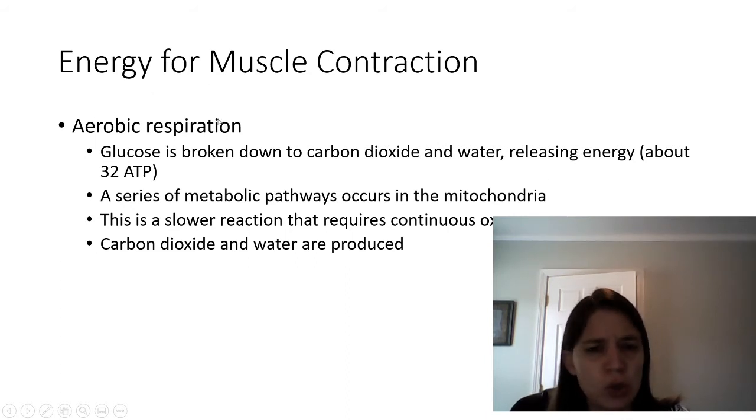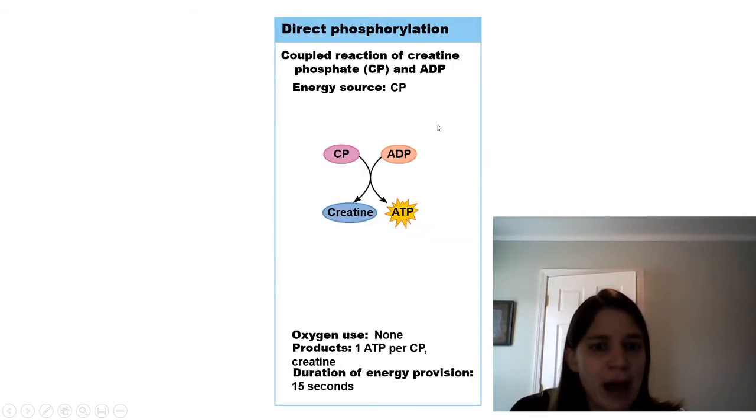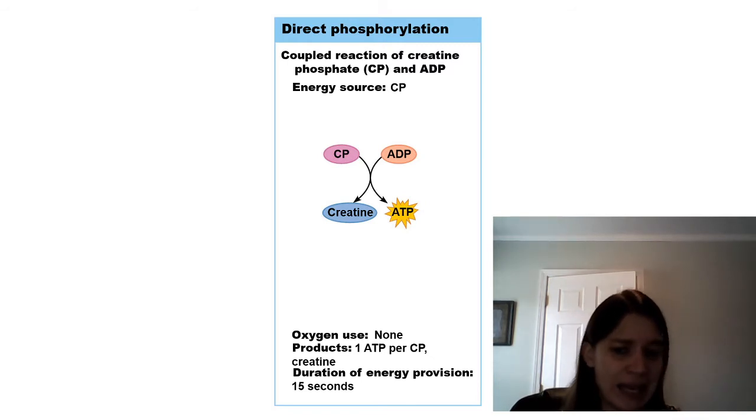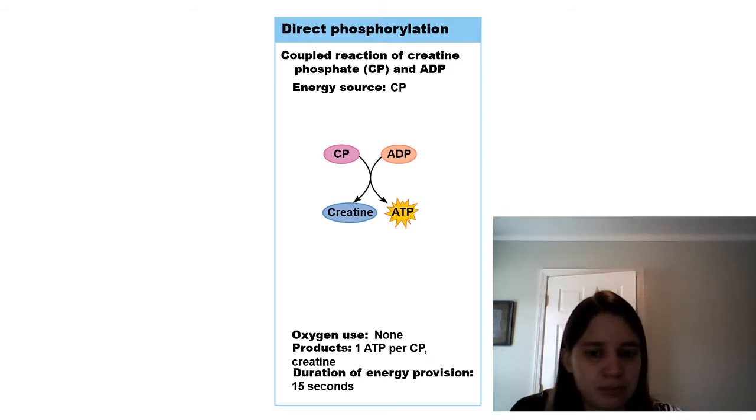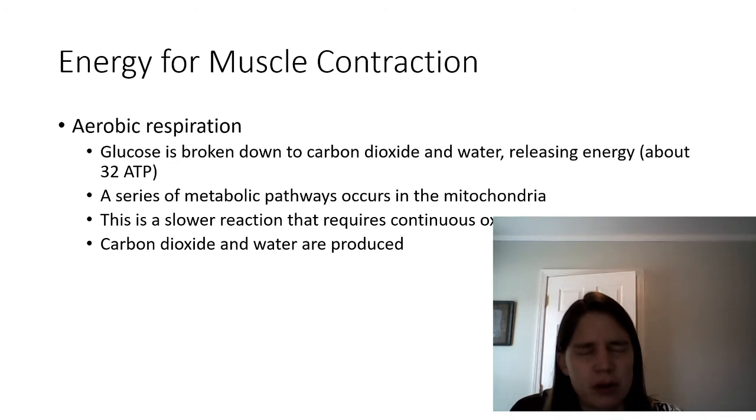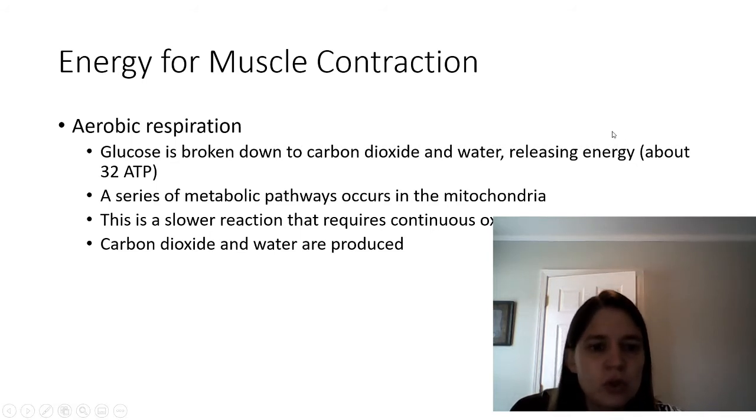One glucose molecule is enough for about 32 ATPs, whereas back up here with creatine phosphate, you only get 1 ATP per creatine phosphate. So this whole aerobic respiration thing is much more efficient.